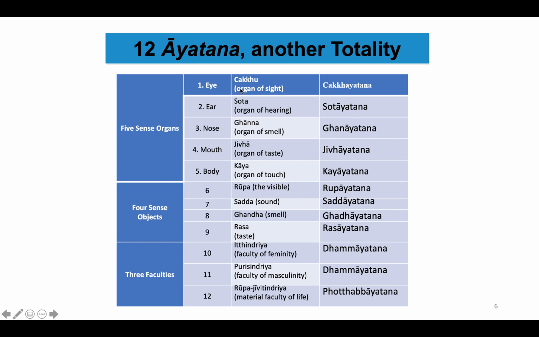So here, eye is a sense organ of sight, and it become one of 12 ayatana. Ear, nose, mouth, body, all same. And sense object, the visible object of eye, become 6 ayatana, and sound as object of ear, another ayatana. So if you count the right column, you can count 12 ayatana.